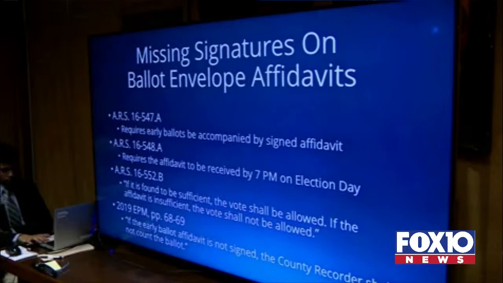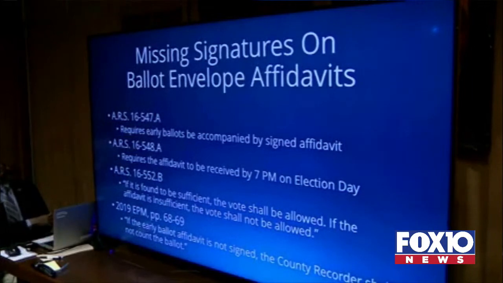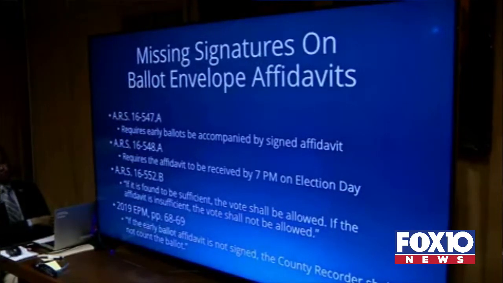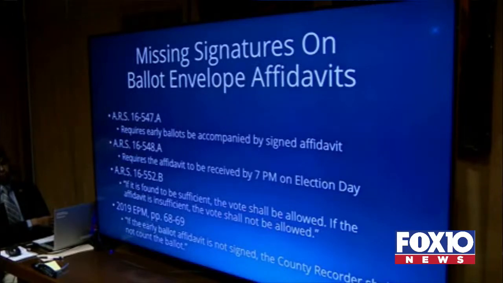As you heard in previous testimony, the scope of this audit did not involve comparing signatures with the voter registration files, but you had people, Dr. Shiva, look for and identify a number of missing signatures on ballot envelope affidavits, which to the extent that ballots from those envelopes were tallied would violate the above statutes and procedures.